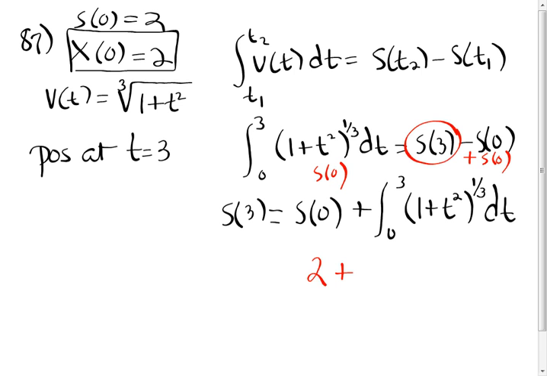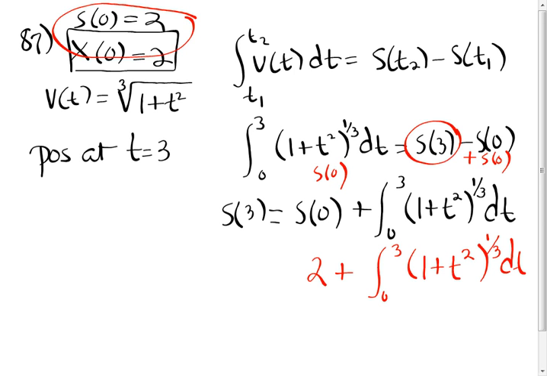So it's 2 plus, and then you integrate with your calculator. You can't even do this one by hand. You need to find more of these problems. That's why I picked it out, because you need practice with that so that when you hit it on the exam, and you will, you get it.